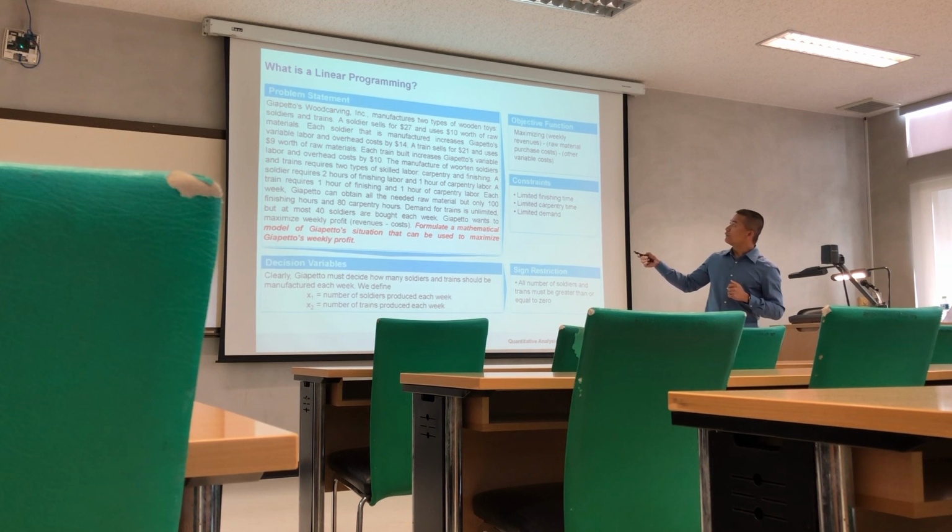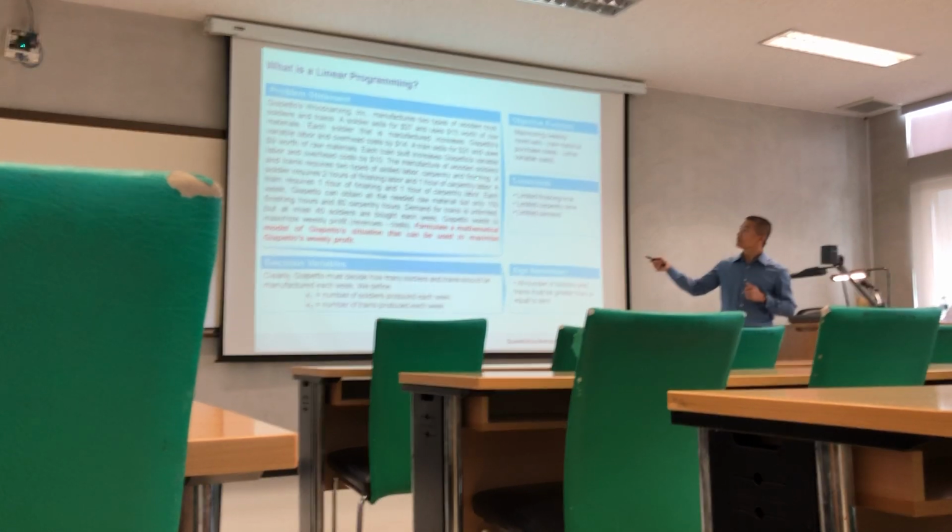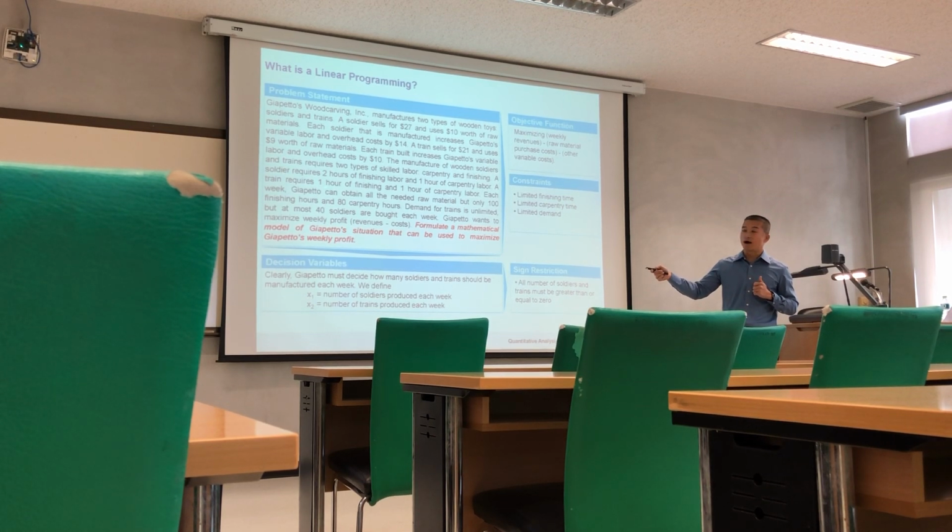The manufacture of wooden soldiers and trains requires two types of skilled labor, carpentry and finishing. A soldier requires 2 hours of finishing labor and 1 hour of carpentry.